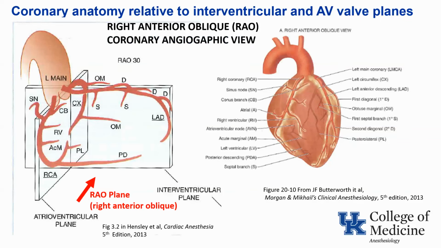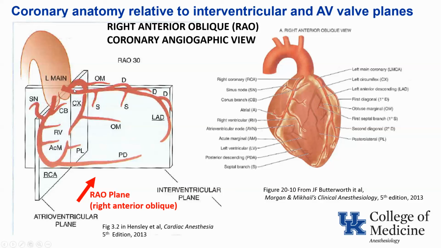On the next few slides, I'm going to show coronary angiography, which I think is helpful for you to normalize. I like to think of this anatomy according to the planes of the heart. This shows the AV plane, which divides the atria from the ventricle, and this is the interventricular plane, which divides the right side from the left side.